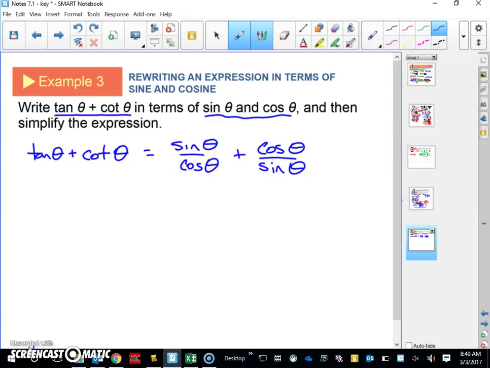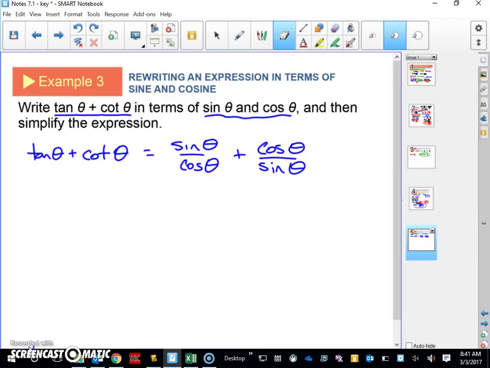Usually they want you to combine fractions, or sometimes they don't want any fractions, but combine fractions. And so something we're going to have to do when we add fractions, if you were adding 1/3 plus 2/5, you'd have to get a common denominator. When we're adding fractions, we're going to have to get a common denominator. And so that's what we're going to have to do on this fraction.